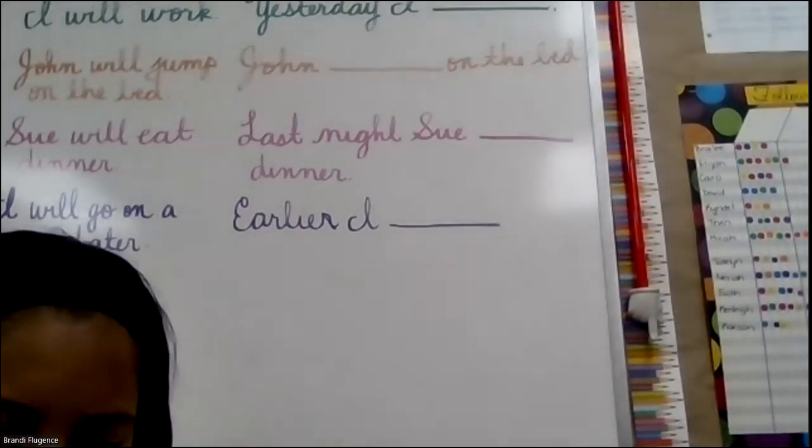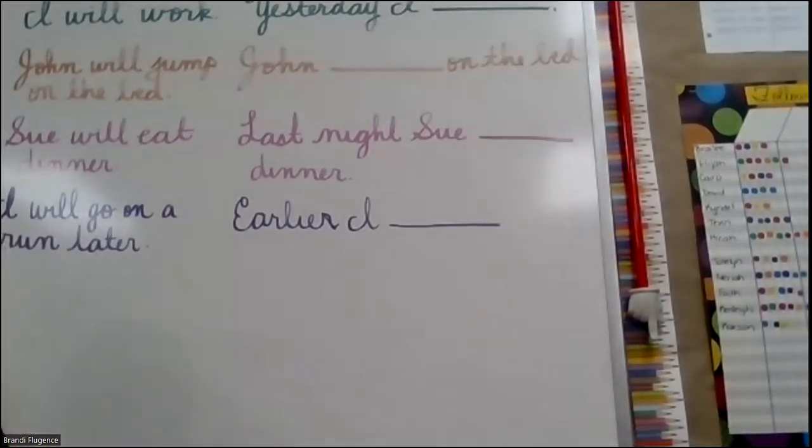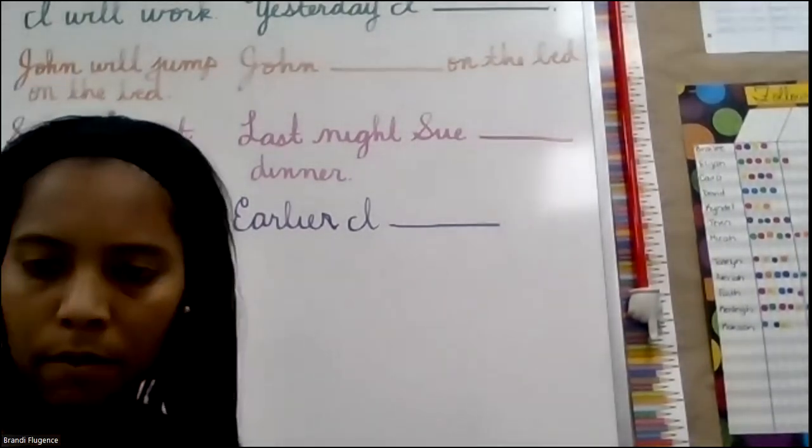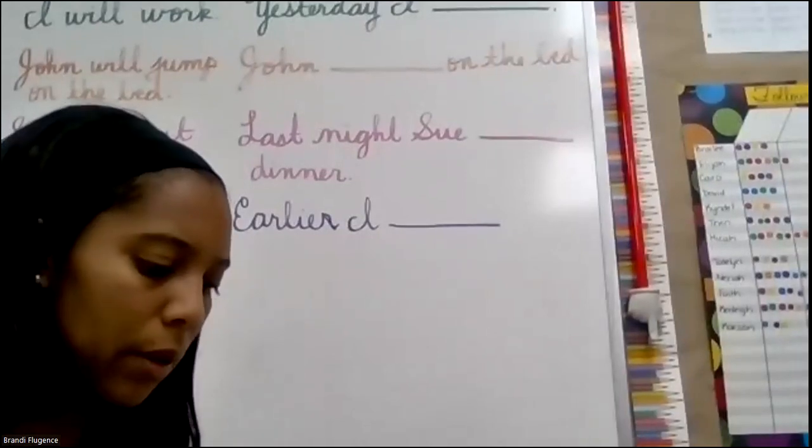Okay, Amy's garden has many flowers. Good. All right. So that's all for our dictation. Let's cover our lesson on the board today. Then we'll move on to our math. Well, I'm sorry, reading.